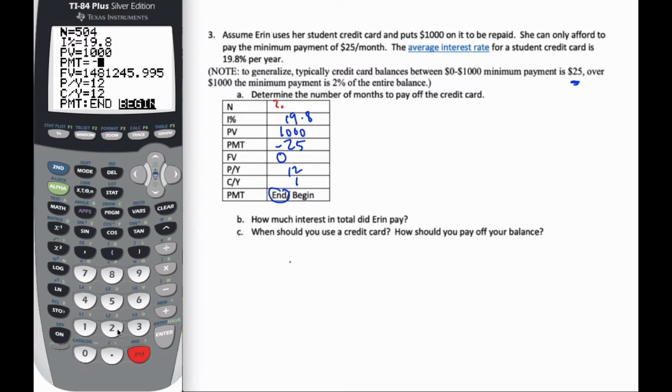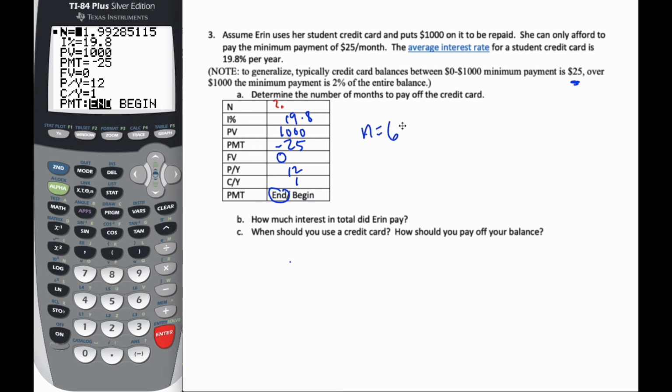Granted, I've got it all set up for you nicely, but you have to write it out yourself so that we know what values you're plugging into your calculator. And I'm going to make this at the end, and then I go back up to my value, and I go alpha solve. And I know N is going to be 62 months.